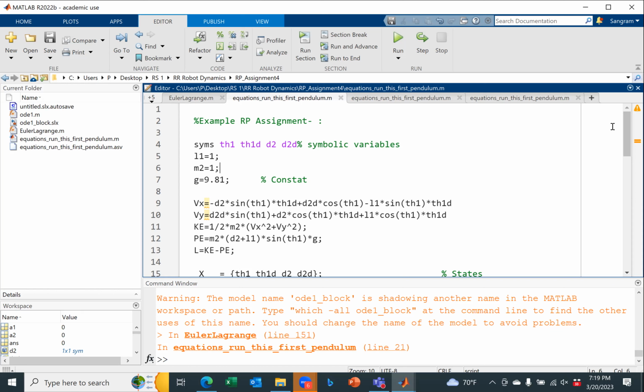But in the next few problems, we will consider mass that is distributed, and then you will notice that there will be kinetic energy of translation and kinetic energy of rotation. So for a real robot, the mass is based on the center of mass of the links. We always derive the equations at the center of mass because the moments of inertia are easy.